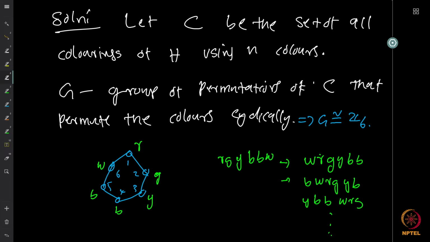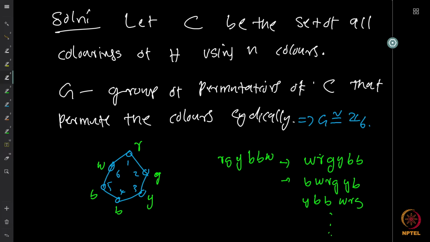So now let us look at a coloring of the vertices, right? So let's say R, G, Y, B, B, Y, B, B, W: red, green, yellow, blue, and white. Now once I rotate this, what happens?